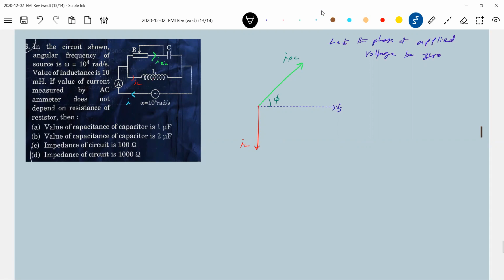So I want the expression for I. I squared will be IL squared plus IRC squared plus 2 IL IRC sine of 90 plus phi.